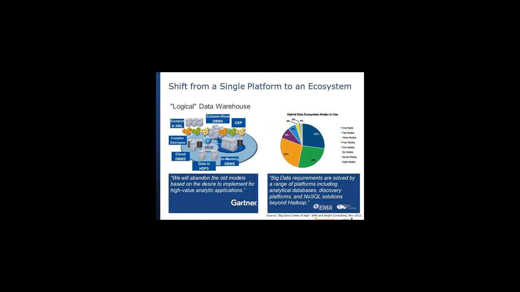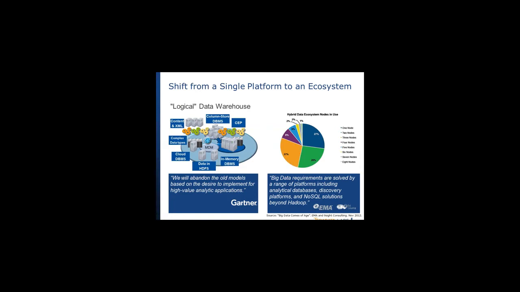Some of the research that I've read, I mean, there's tons of reports out there, but Gartner has talked about this for a while. They call it the logical data warehouse, where you've got master data management that really unifies and brings all this stuff together so that the enterprise can still get answers to their questions in a trusted way, and they see how data has been refined throughout the process.